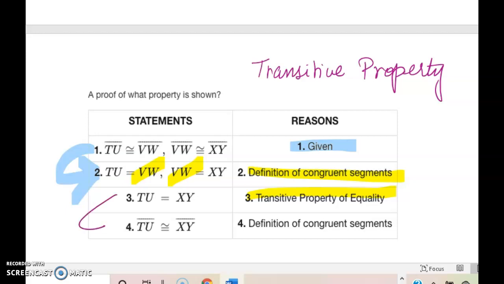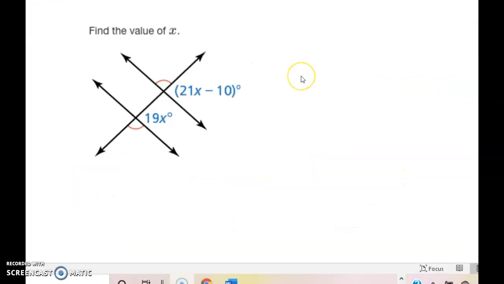Right? See? Transitive property. And again, they change from equality to congruent. And whenever we show a transition from equal to congruent or congruent to equal, the reason will be definition of congruent segments. Okay, let's do our final question.